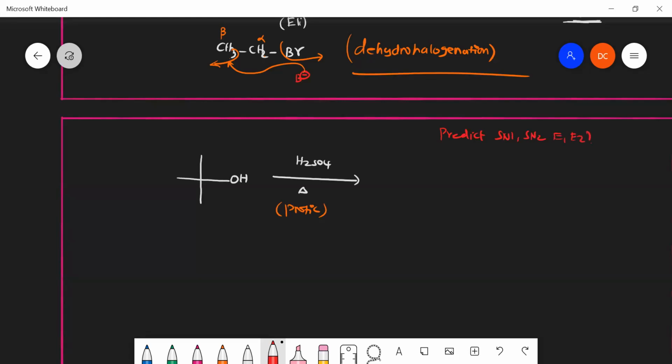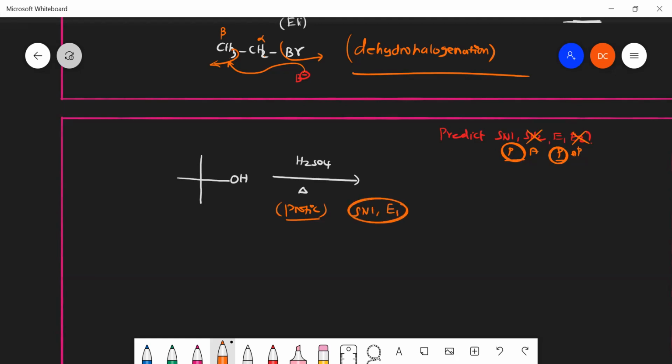SN1 or E1. Good. Why? Because we used a protic solvent. For SN2 and E2 we are using an aprotic solvent; only for E1 and SN1 are we taking a protic solvent. So we found that it involves either SN1 or E1.